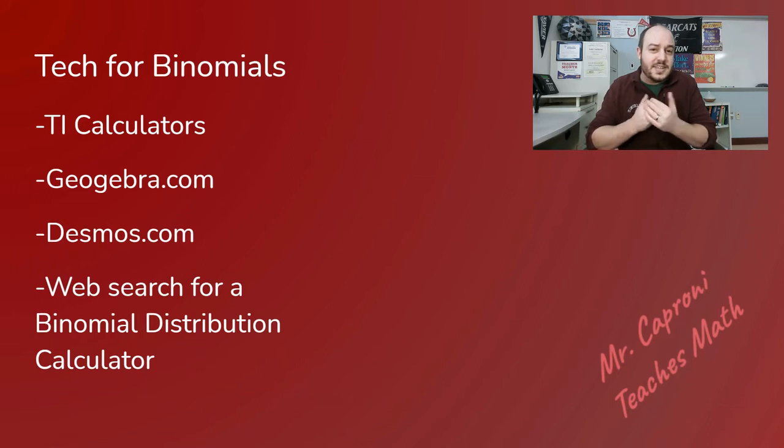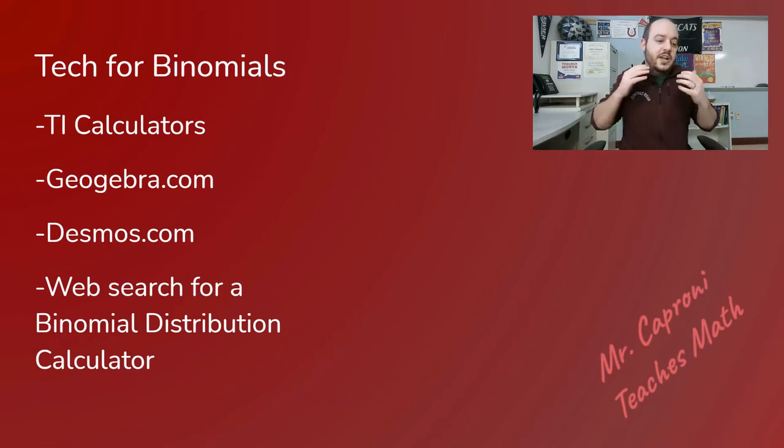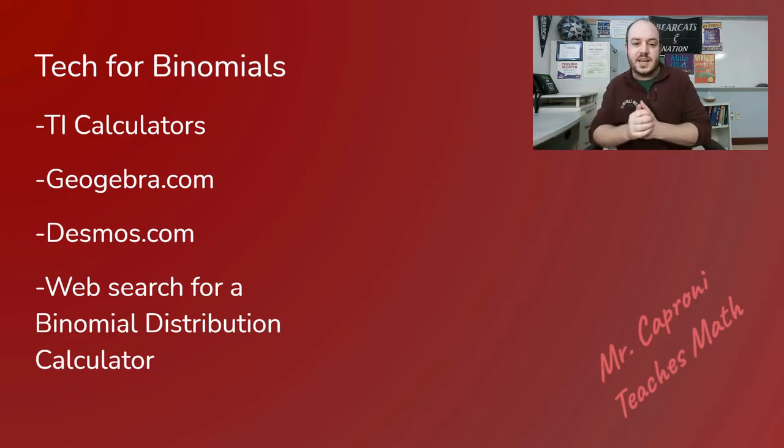Now, the first one, TI calculators, would be any type of calculator from Texas Instruments pretty much has a binomial distribution inside of it. And you can actually just plug in the variables that we've mentioned in the notation section, and your calculator will just pop out the answer for the probability. You can also do things like this on geogebra.com, which is a free website for calculations, or desmos.com, or really you can just search the web for any binomial distribution calculator, and usually it's just going to ask you for n, p, and x.